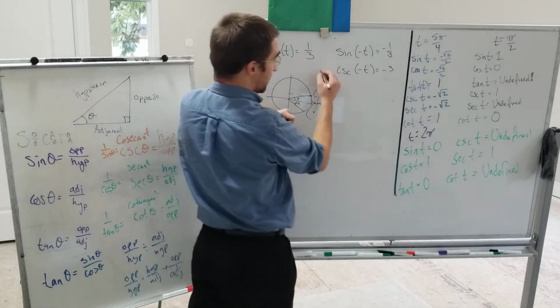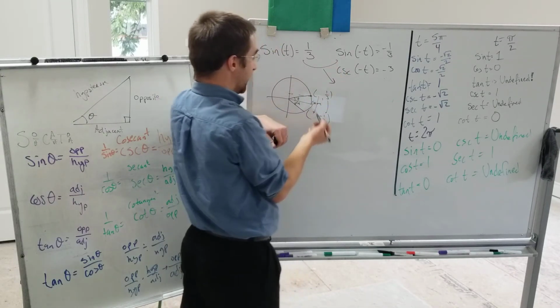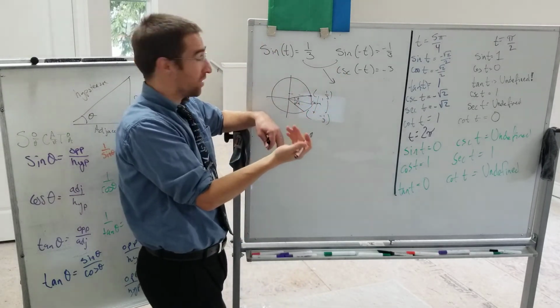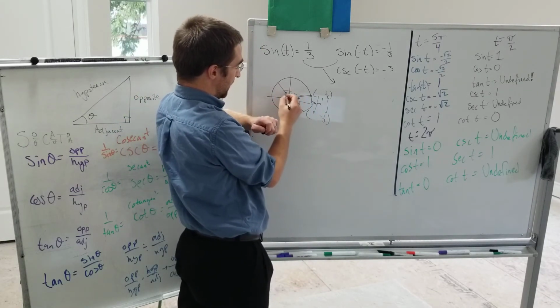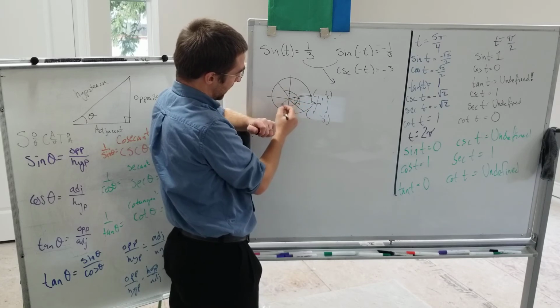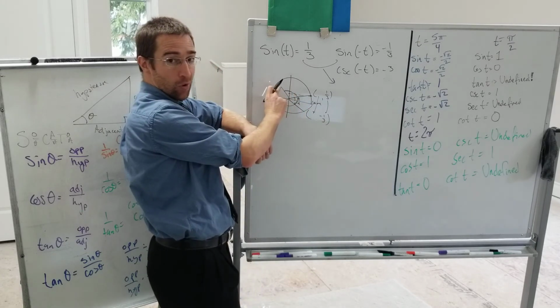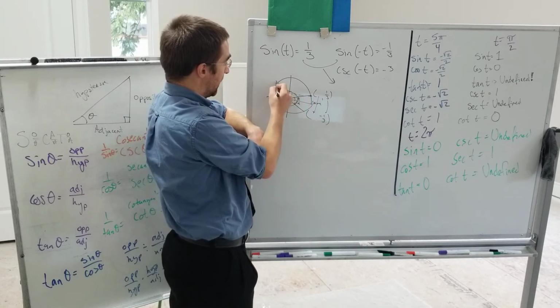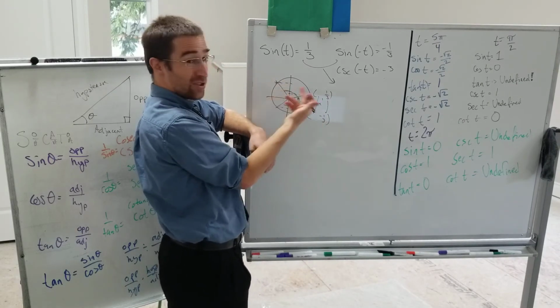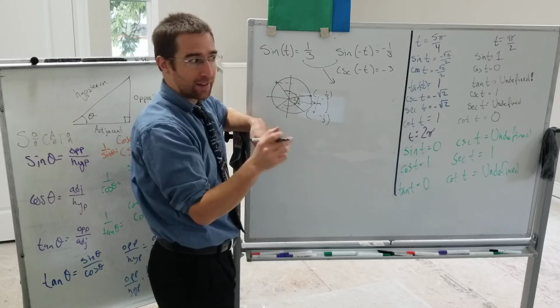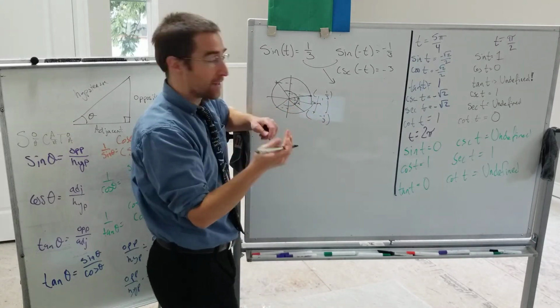So here we can deduce, there's nothing special about the 1/3 here, right? If I take any angle and then I take the negative of that angle, it's going to be a reflection over the x-axis, and the y values change, so the sign changes. Sign, like S-I-G-N, like positive, negative.